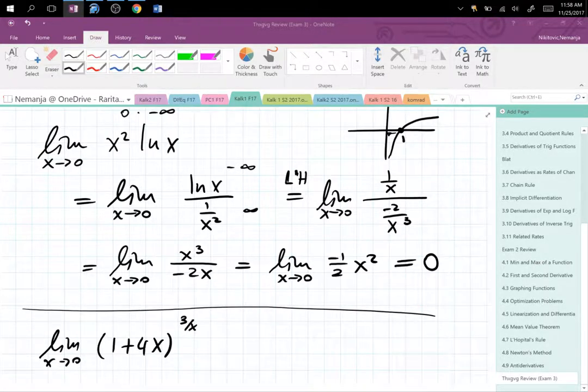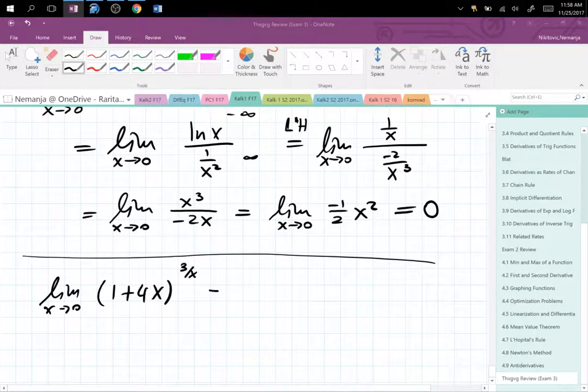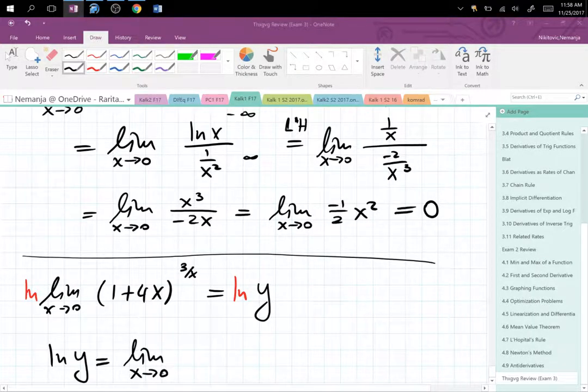So what you do is you set this equal to y and you ln both sides, because that is the way to peel off the exponent. So now what you have is ln y is equal to limit x goes to 0 of 3 over x times ln of 1 plus 4x.